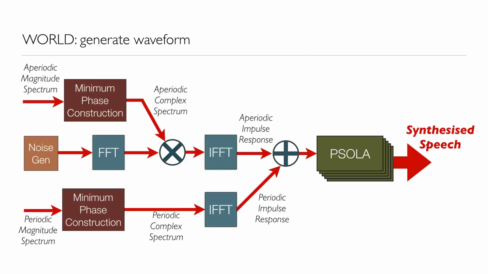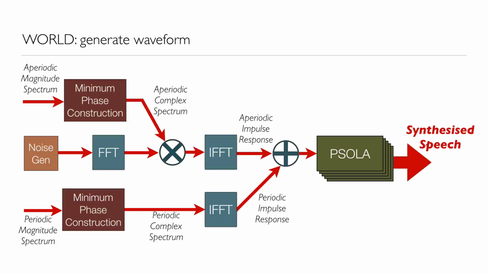To add that, we just multiply the aperiodic spectrum with the spectrum of random noise, artificially generated random noise. And then after that, we go back to time domain by just applying the IFFT to the aperiodic spectrum and the periodic spectrum, and then we just add the two impulse responses in time domain. We add these two.